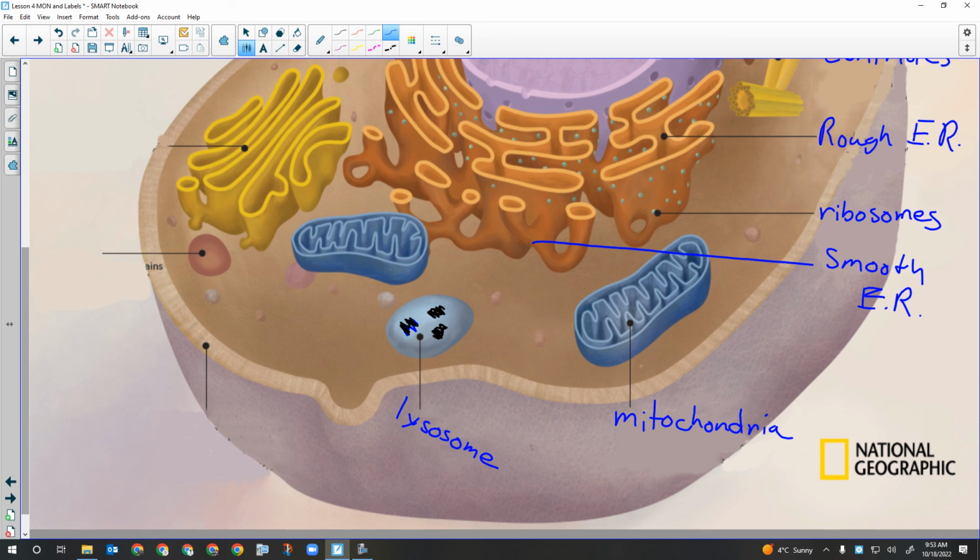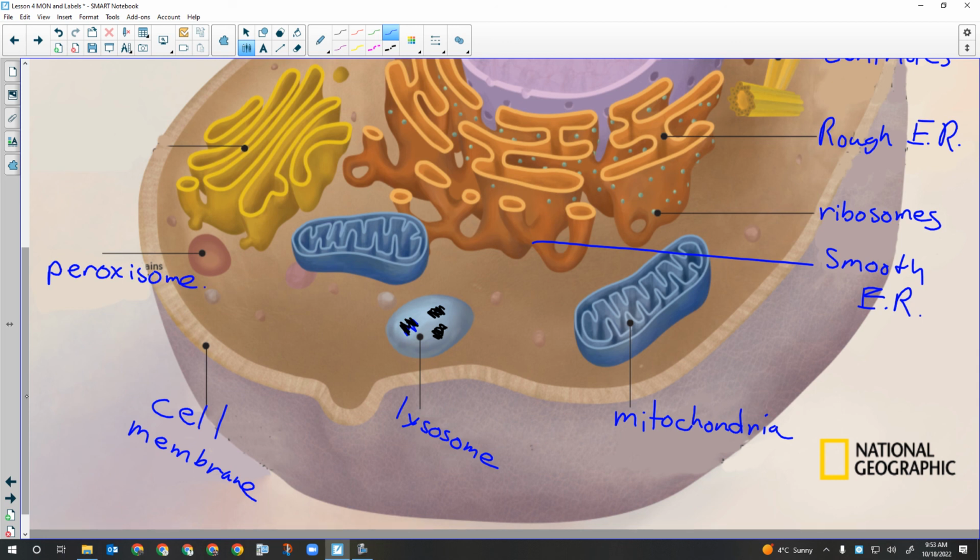All right, what would the outside of the cell be called? Cell membrane, right. Animal cells do not have a cell wall. The red dot here is a peroxisome.